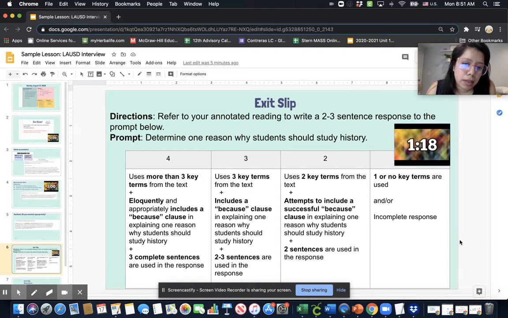Good. But do make sure it's your own words. It's not necessarily you're using the words from the author of the text, but you're just using his words to inspire the reason why you believe students should study history. Awesome. If you're finished, I'm going to go ahead and ask you to look at the rubric and compare your answer in a checklist to see if you're meeting the 4.